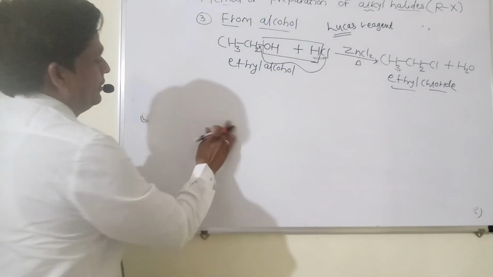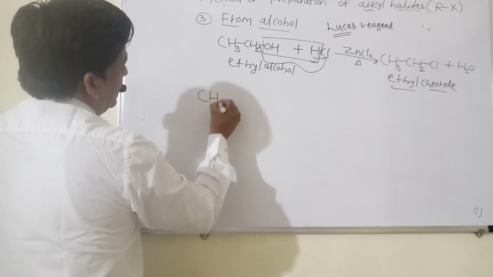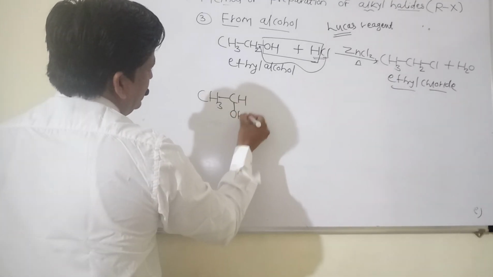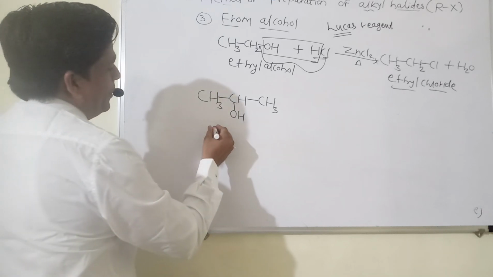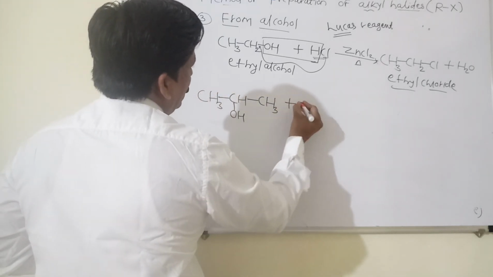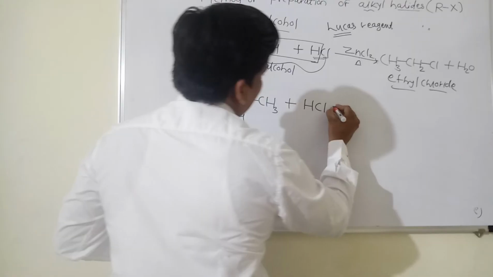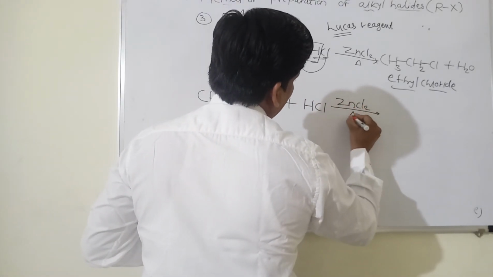If you use a secondary alcohol, take another example, CH3 CHOH CH3. This is the structure of isopropyl alcohol, a secondary alcohol. The same reaction we can carry out in the presence of HCl, and we use ZnCl2. This is the Lucas reagent.